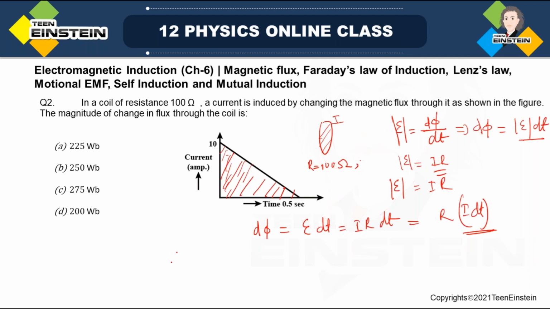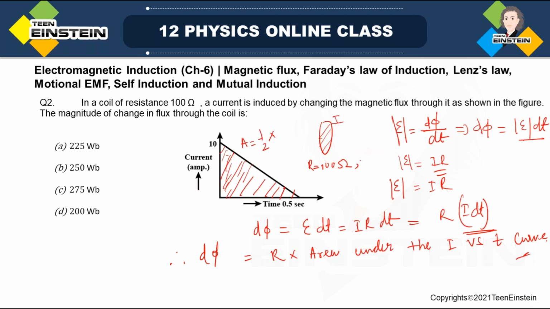So therefore the change in the flux will be R into I dt, meaning area under the I versus t curve. Okay, area under this curve. So what is the area under this curve? Suppose say A means half base into height.